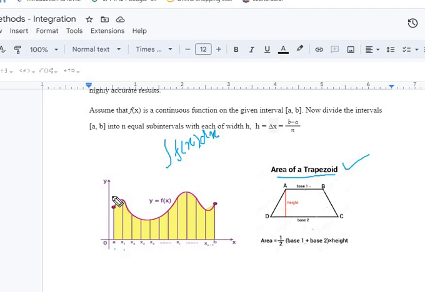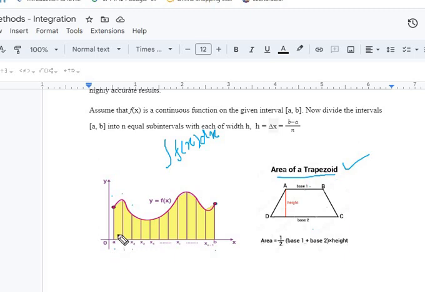This particular point will be f(x0), this is f(x1). This is f(x2), and the corresponding variable is x2. Accordingly, we can move up to this point. This is xn, so the corresponding function is f(xn).